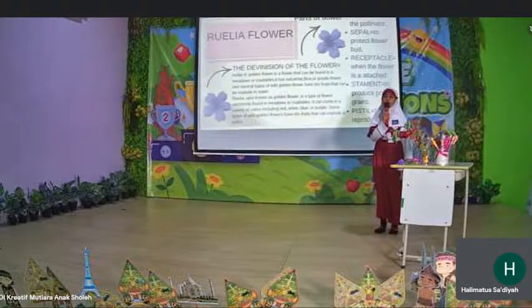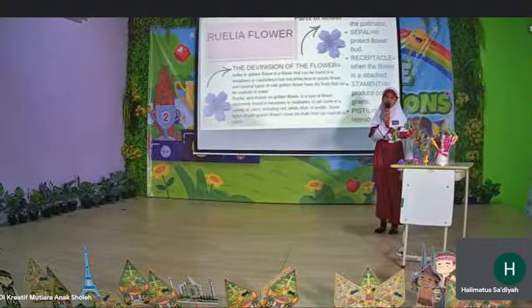And do you know the definition of the flower? Okay. The definition of the Relia flower is: Kencana ungu or Relia flower can be found in the meadows or on the roadside.